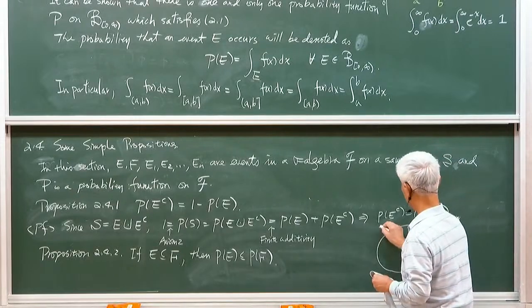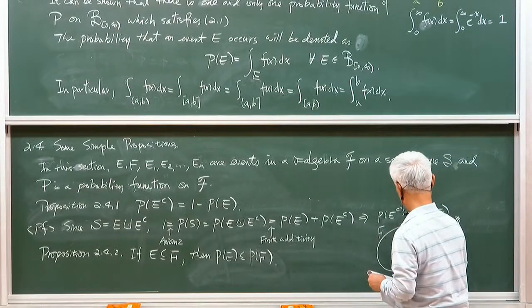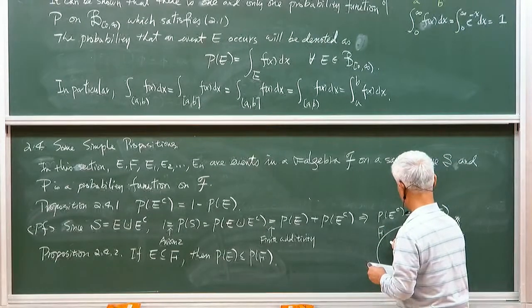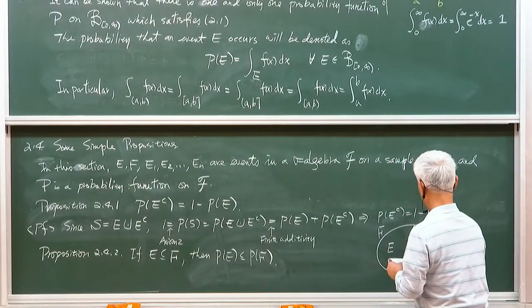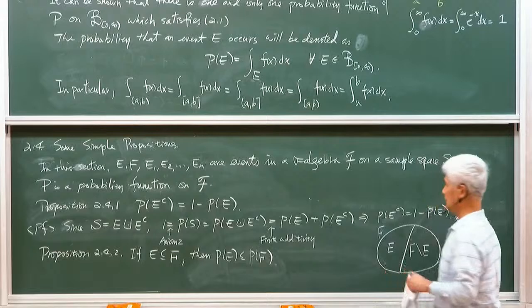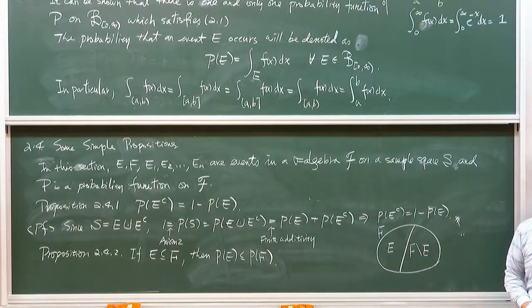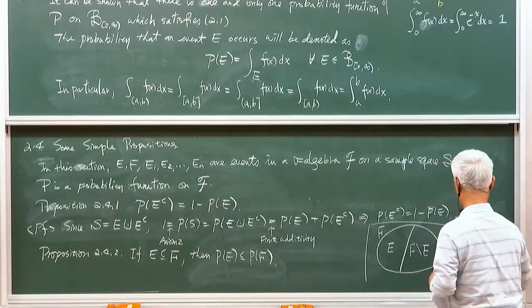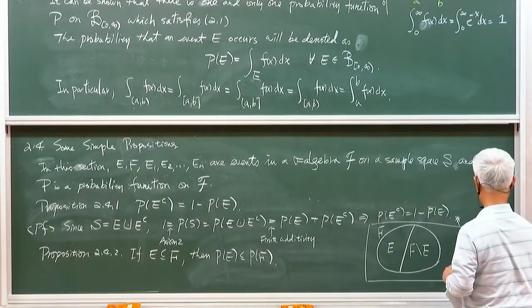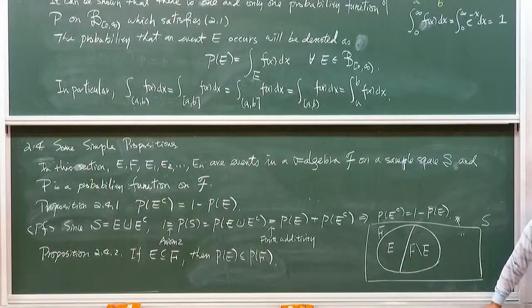So this is F, and this is E. This is F minus E, and we have some space here.